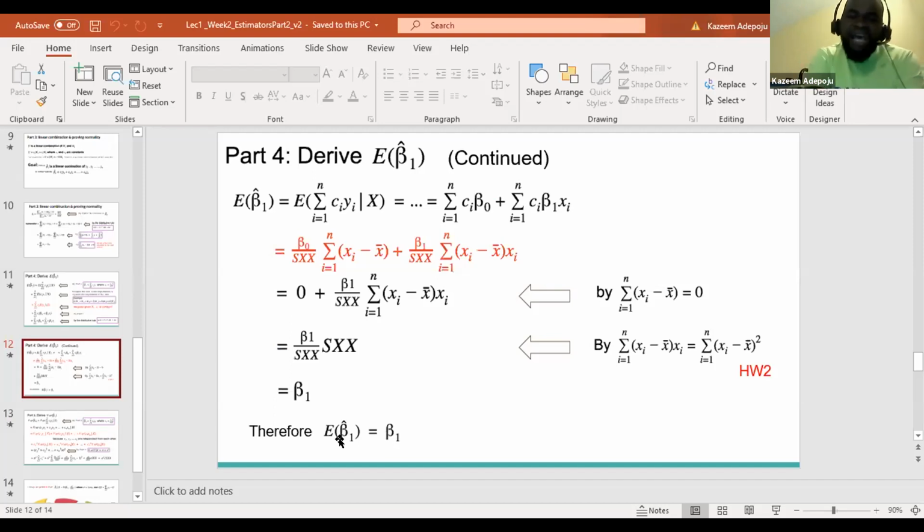But we believe that when we take different samples and compute beta 1 cap, we're going to have different values for beta 1 cap, and when we find the average of that, it will give us what we need. Does that make sense to everyone? Have I answered your question?